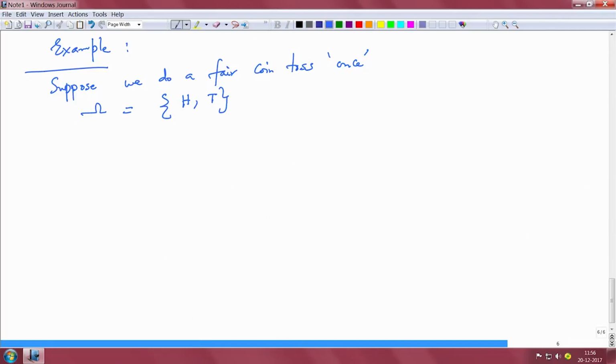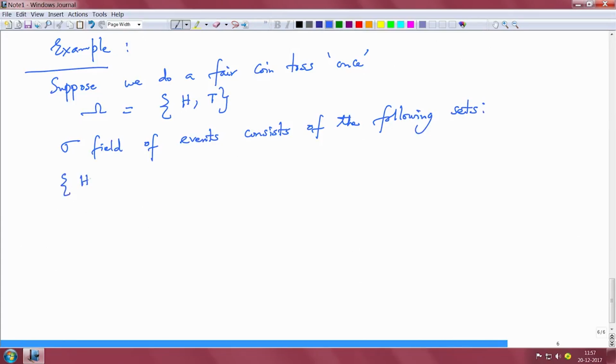So, the universal set basically comprises the head and the tail. The sigma field of events consists of the following sets. It could be a head, it could be a tail, it could be a null set, it could be the universal set. See the distinction between the probability description space and the sigma field.